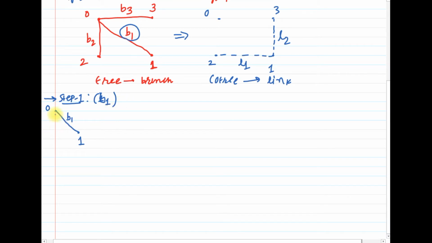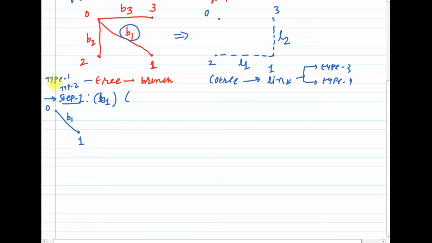Now just look at over here, the element B1 is connected between the reference bus and bus number 1. So by considering all the modifications, we can say for the tree branch we have type 1 and type 2 modification, and for the cotree branch or link we will have type 3 and type 4 modification.